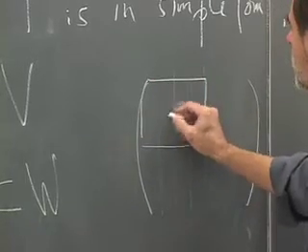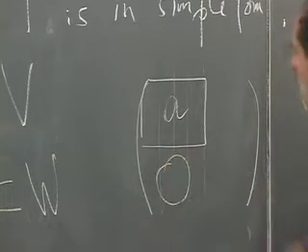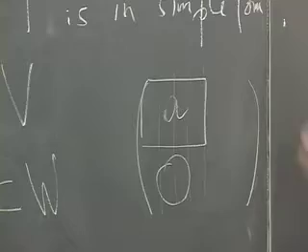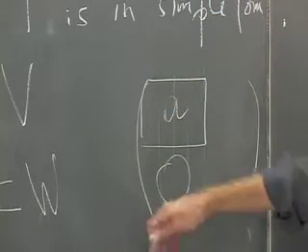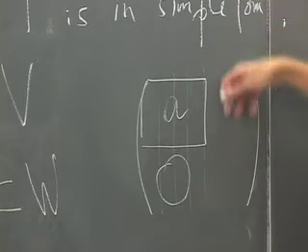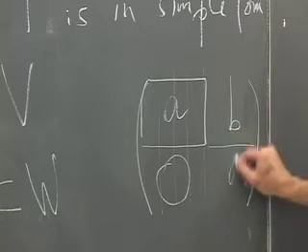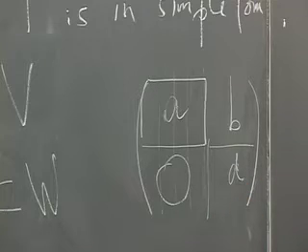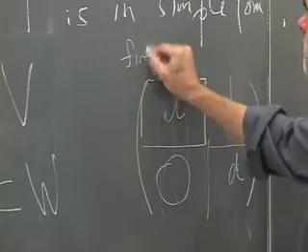Call that matrix A, maybe. And then down here you get all zeros, because when you apply T to a vector in W, it doesn't involve any of the basis vectors that are beyond W. And then when you apply it to the other basis vectors, you don't know anything about it at all, so you might get a B here and a D here. But you get a lot of zeros in the matrix if you have an invariant subspace, and you choose your basis so the first basis vectors are in W.